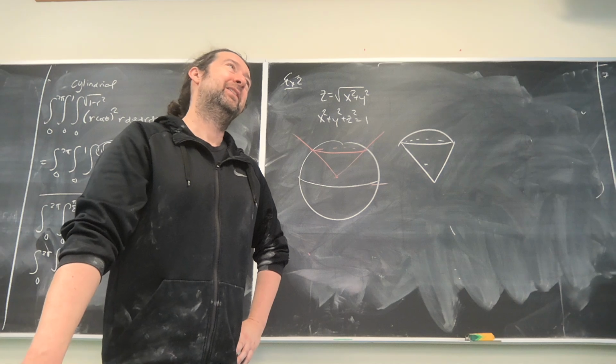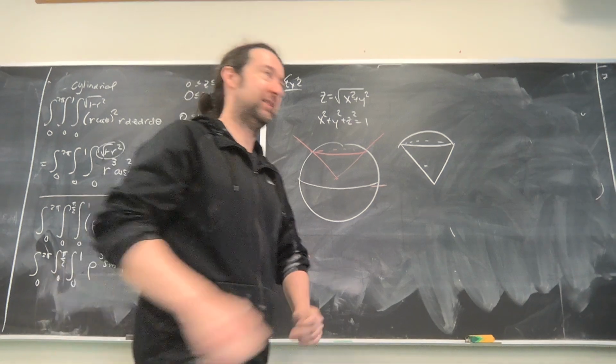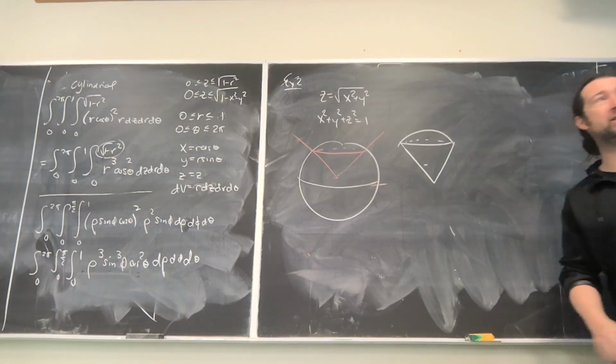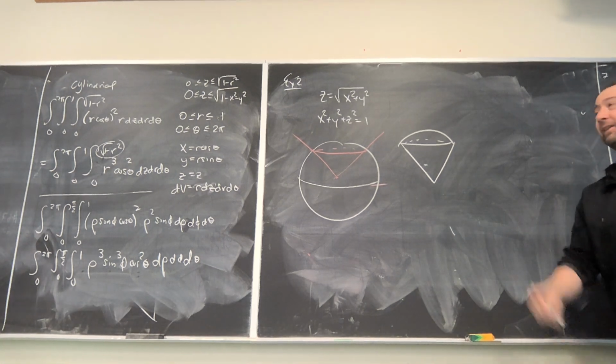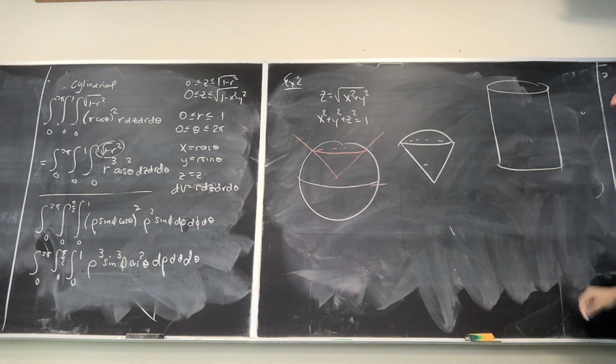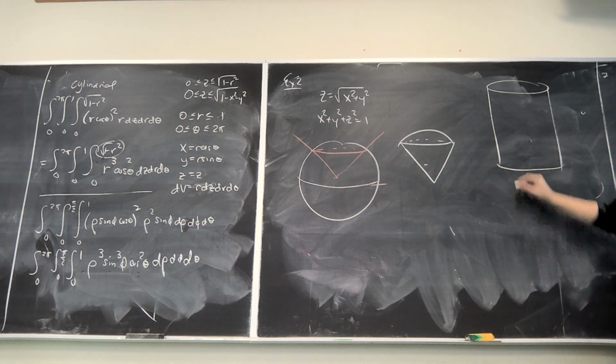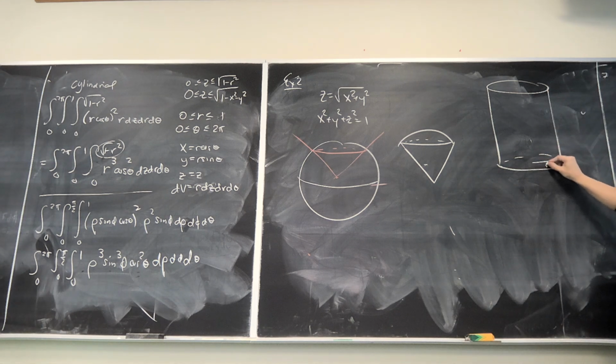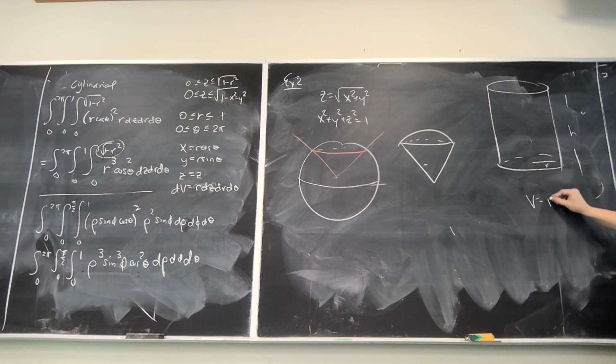Since I'm going to point this out to you because it's really weird: if you draw a right circular cylinder with radius r and height h, and you put a cone inside of it, the volume of the cylinder is pi r squared h. It does not matter where you put the point of the cone.